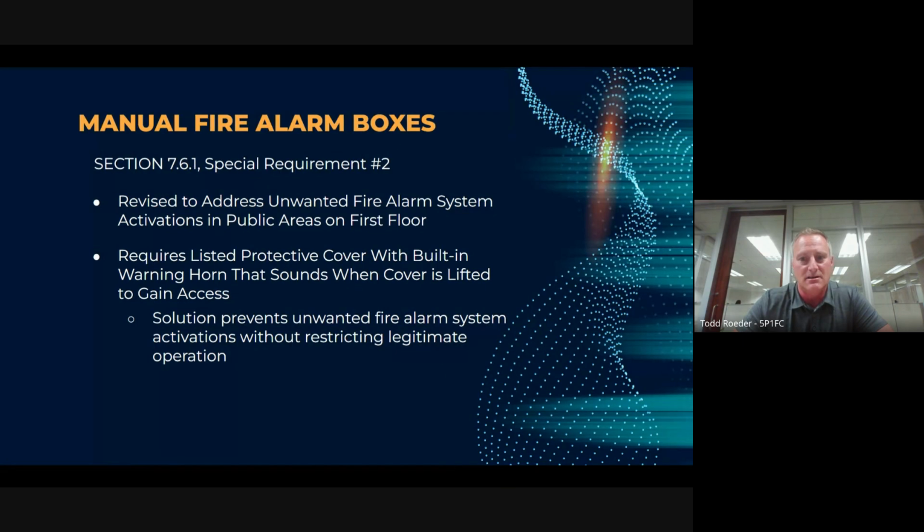As you can see, this revision now requires a listed protective cover to be installed on the manual fire alarm pull box. That also has a built-in horn that sounds when the cover is lifted to gain access without restricting legitimate operation. Again, this is minor in nature. However, it is critical from the perspective of minimizing false alarms, especially in those public areas.